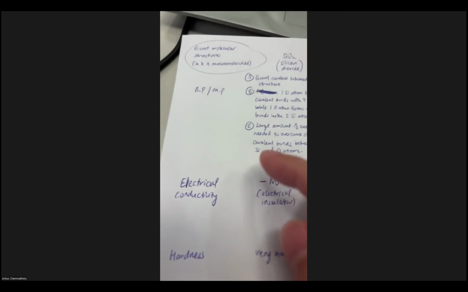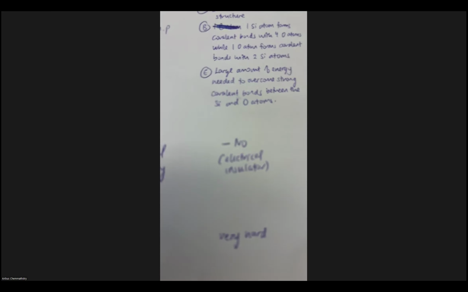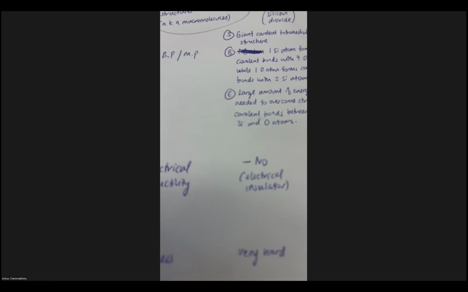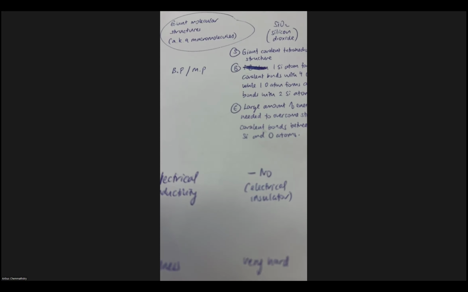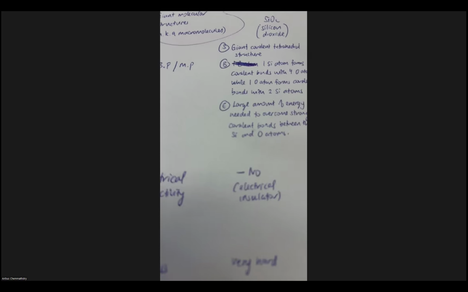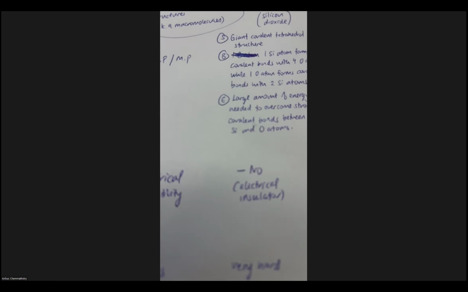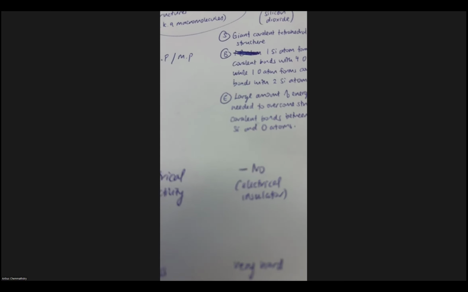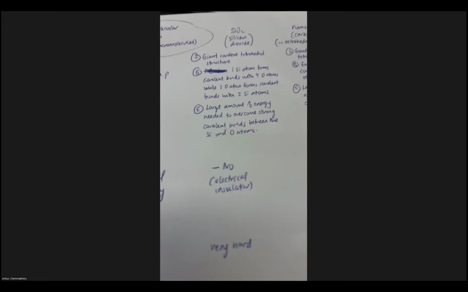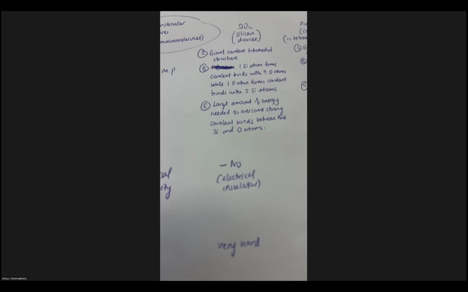Because of this, a large amount of energy is needed to overcome the strong covalent bonds. These are macromolecules. When I say giant covalent molecular structure, that means there are millions of atoms, so many that I don't even consider the intermolecular forces of attraction.